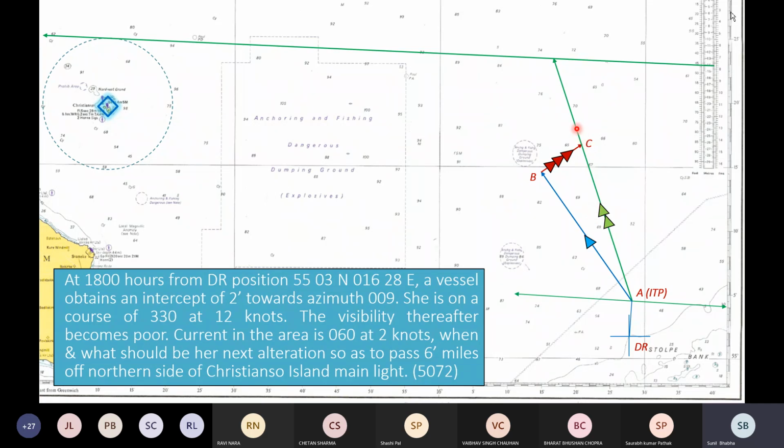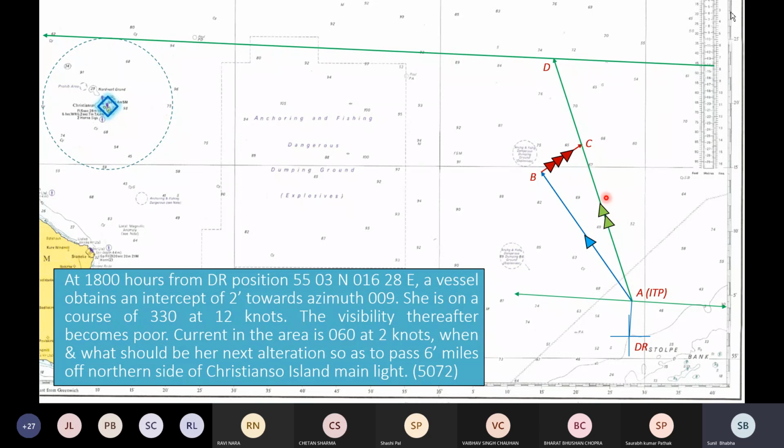Now we can extend this course made good line so that it meets our second CMG line. This meeting point, let's name it as Delta, D. Now we can easily find out my ETA at point D, because this ABC triangle is a 1 hour duration triangle.